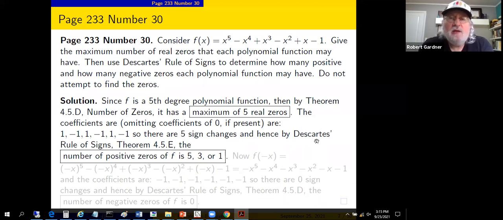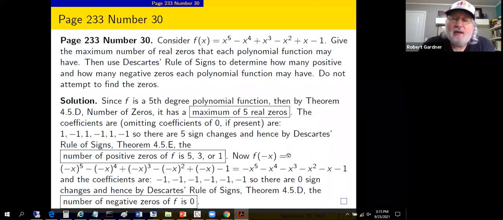How about Descartes' rule of signs for the number of negative zeros? For that, consider f of negative x, as we said. So we'd have negative x to the 5th power minus negative x to the 4th power, and so forth. Well, these even exponents absorb those negative signs. The odd exponents, I would say, spit out those negative signs.